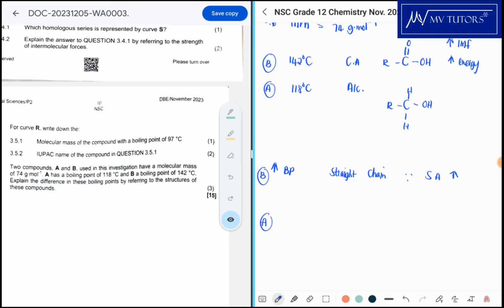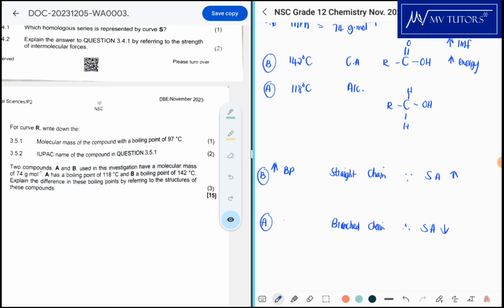And then what if you have a branched chain? If it's branched, therefore your surface area would be low. And if the surface area is low, there's less energy required to overcome or break the bonds apart.